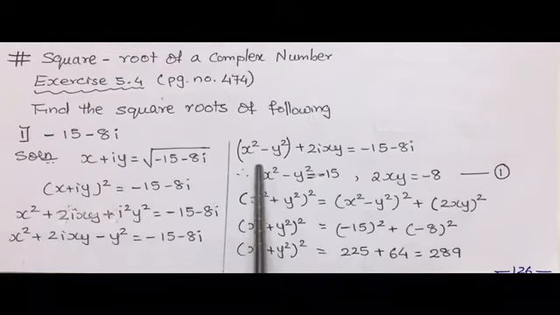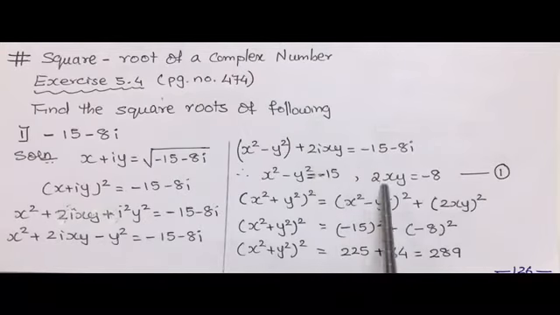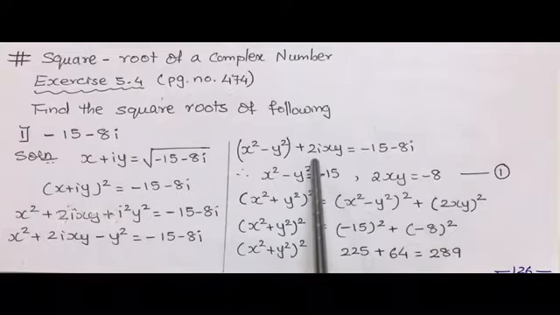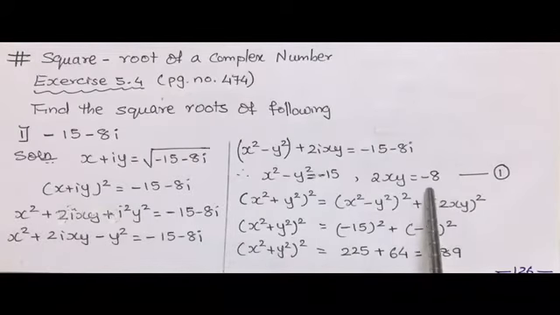Now equating both sides, real with real, imaginary with imaginary, we get x square minus y square equal to minus 15. Here we are not supposed to take i while equating both sides. So 2xy will be equated to minus 8. Now this statement we will mark as 1.